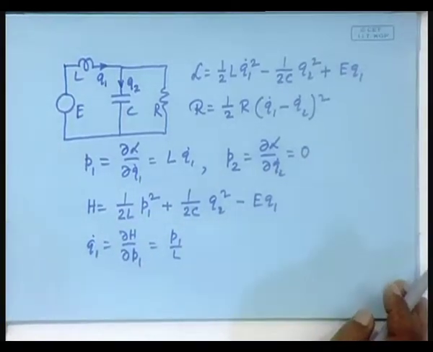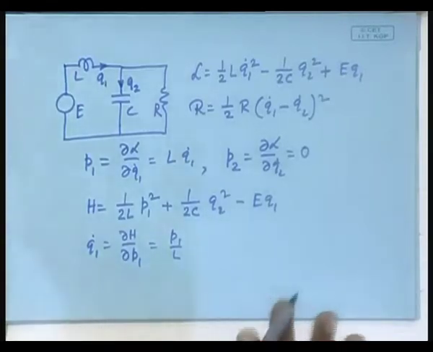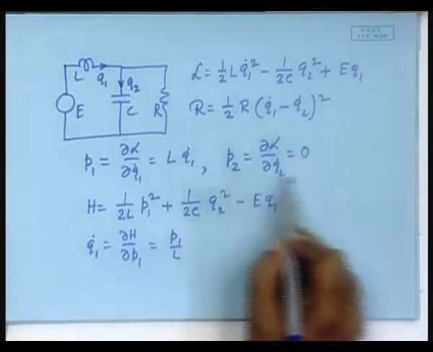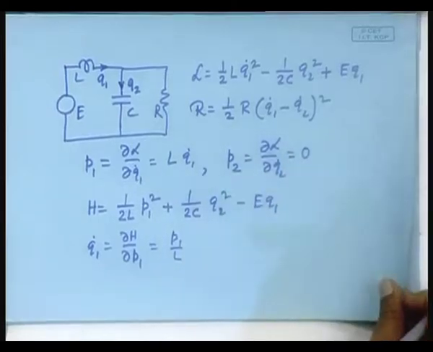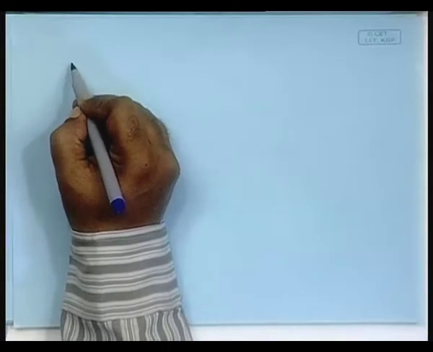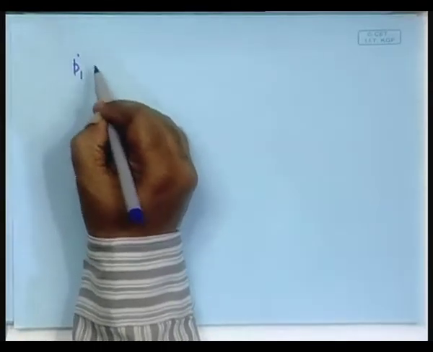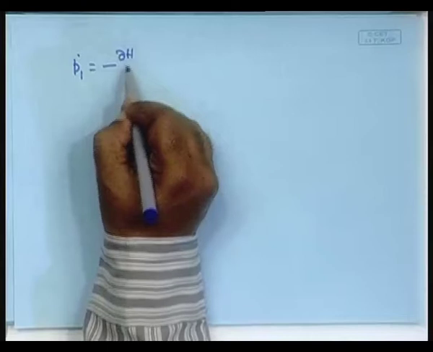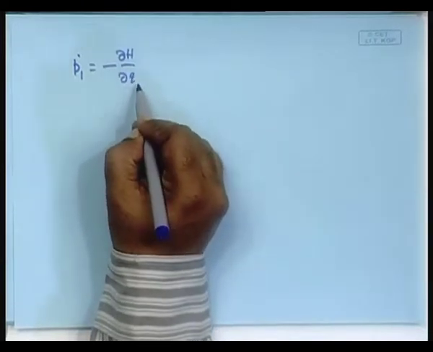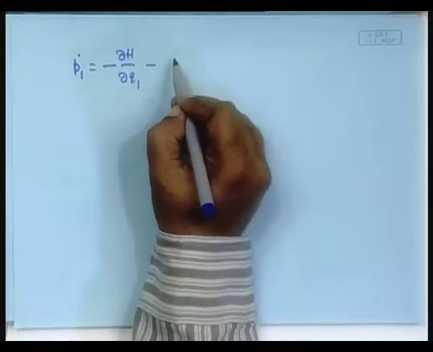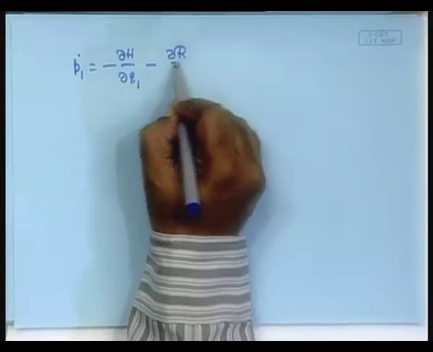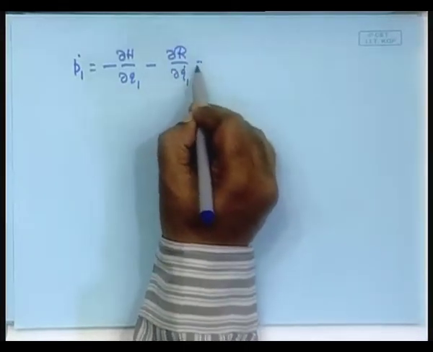Q1 dot is this, and I will not bother about Q2 dot at this stage, because here there is something wrong. Let us do it for P1 dot, which is minus the derivative of the Hamiltonian with respect to Q1 minus the derivative of the Rayleigh with respect to Q1 dot.